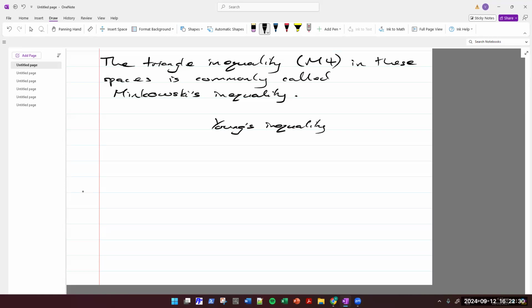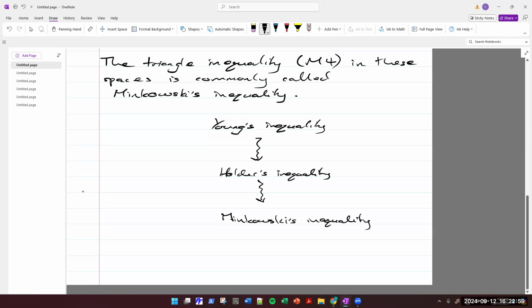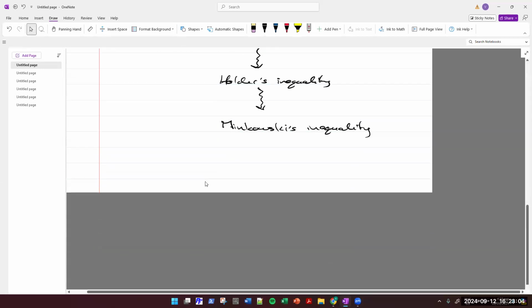That relation is called Young's inequality, and there's a proof for that if you want to look it up. Then you need to use that to prove a next one, called Holder's inequality. And once you have Holder's inequality, then you could get to Minkowski's inequality.